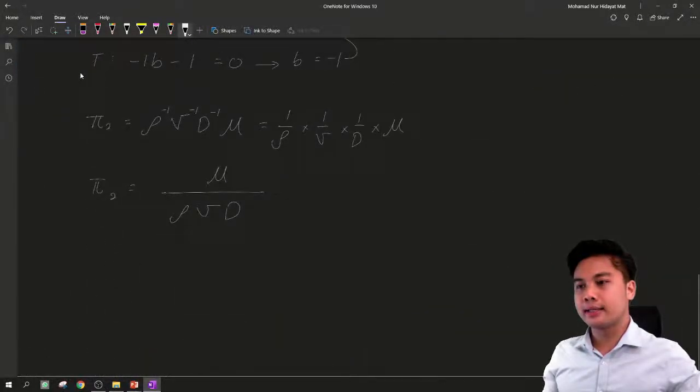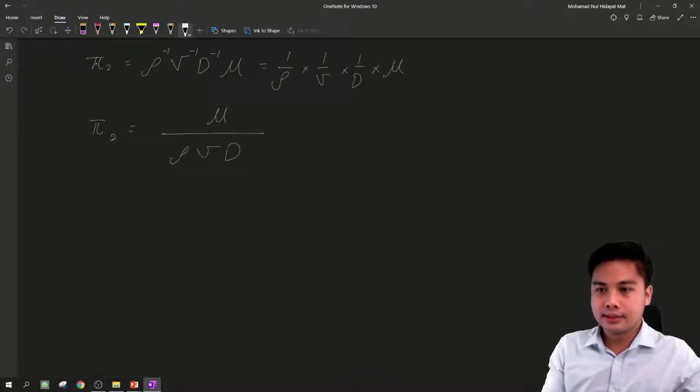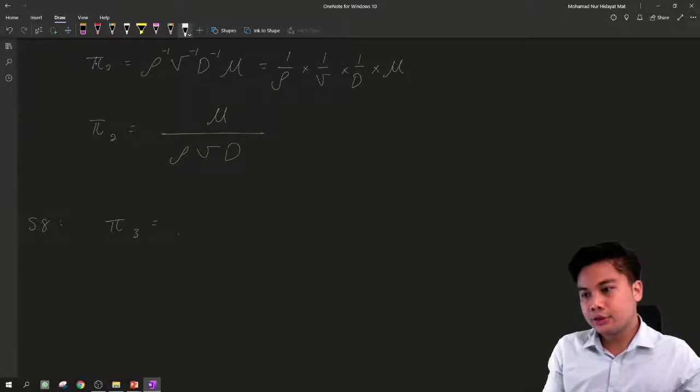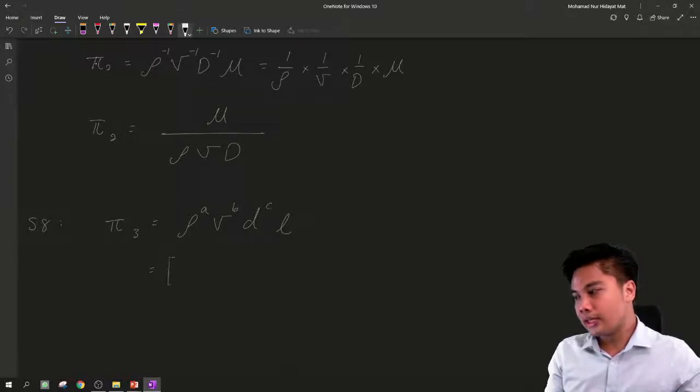So our new pi term number 3 will be, this is step number 8, rho V D and L. This is A, this is B, and this is C. Again, we expand further: M L^-3 to the A, and V here is L over T, which is L T^-1, and then D here is L, which is C, and L here is capital L.